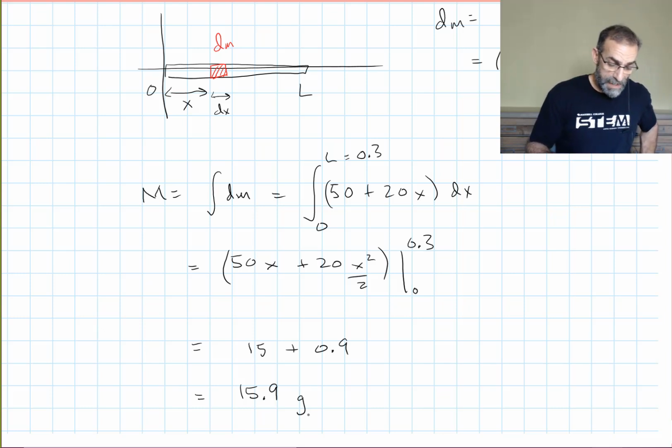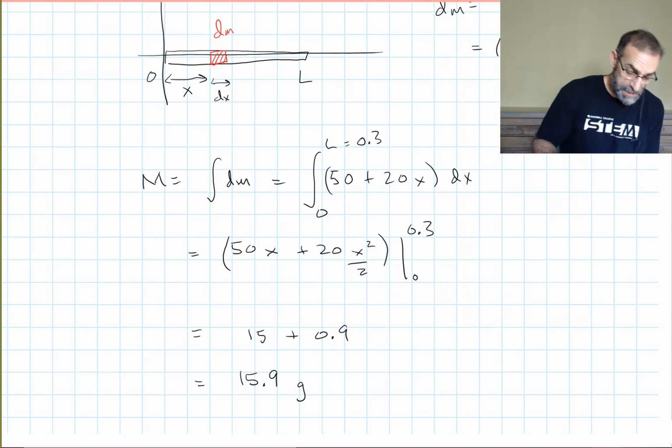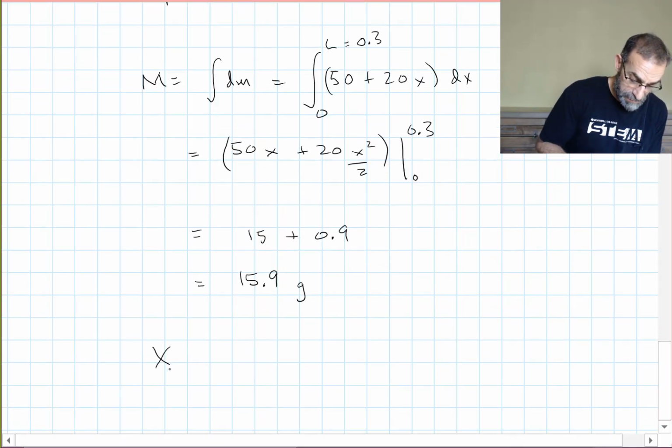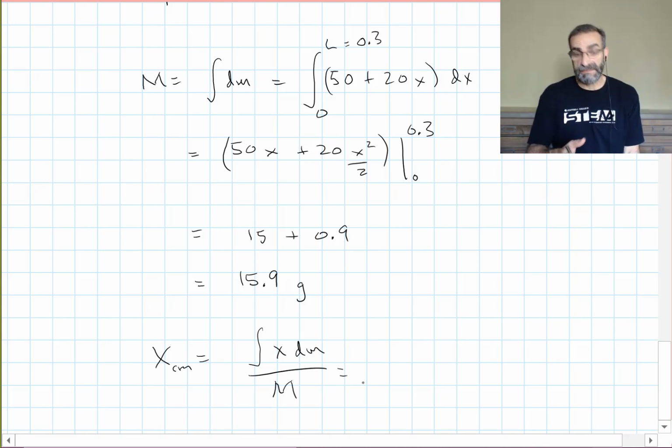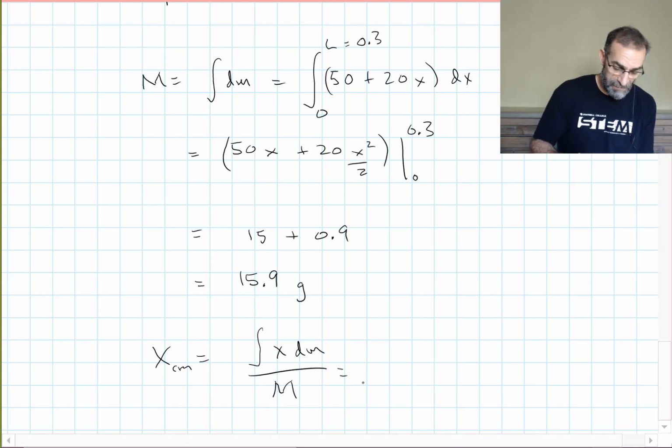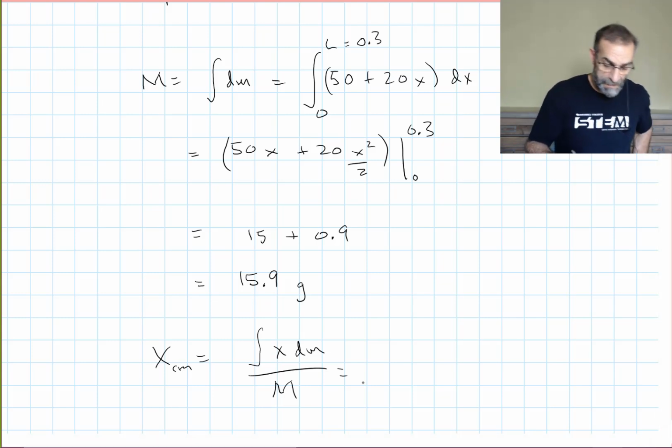All right, now we want to find the center of mass. So the center of mass is the integral of x dm over the total mass. Since we just found the total mass, I guess we don't have to do that again. We'll just divide by 15.9 grams at the end.